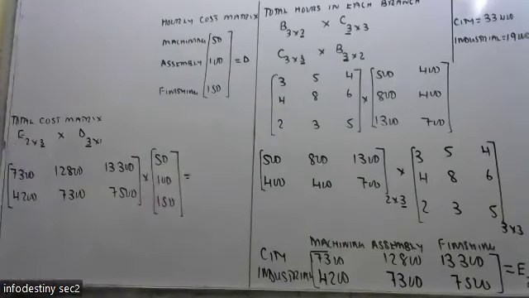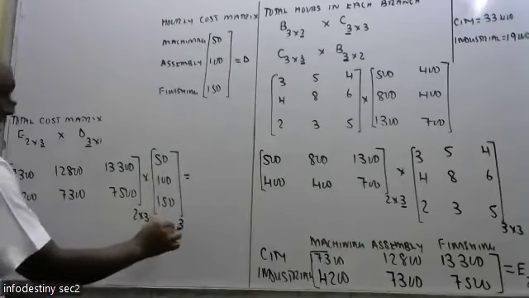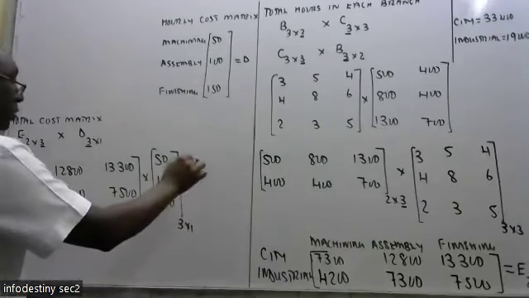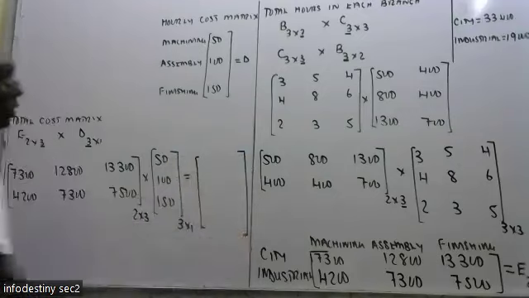So now that this is a 2 by 3 and this is a 3 by 1, you will get a 2 by 1 matrix. So multiply that, copy and multiply on your own. Copy and multiply, will give you the answers.